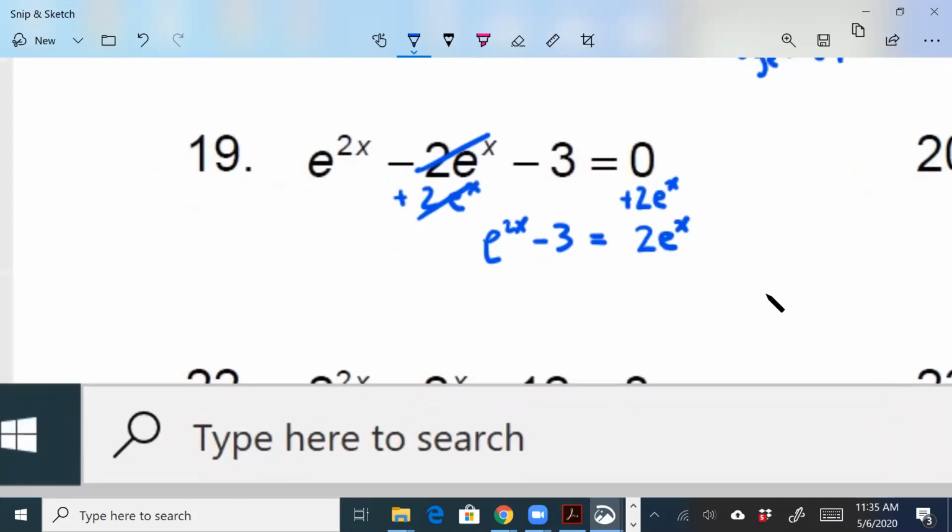And so we're going to take the natural log of both sides.